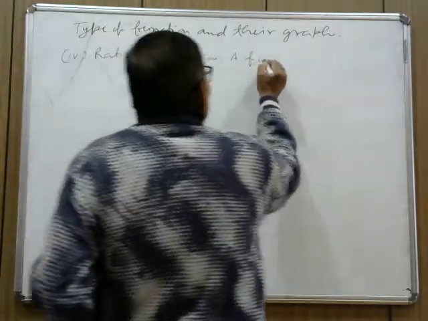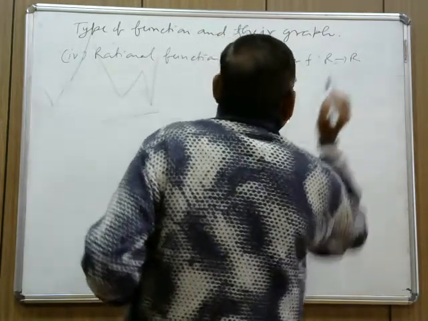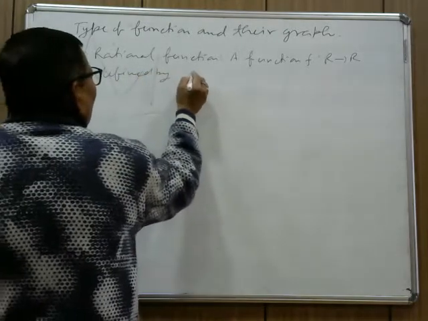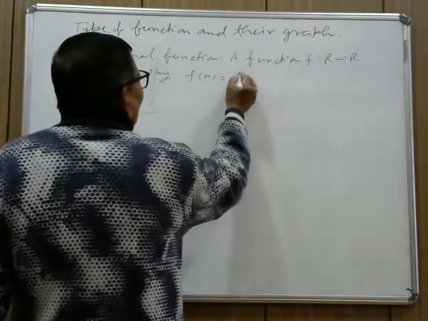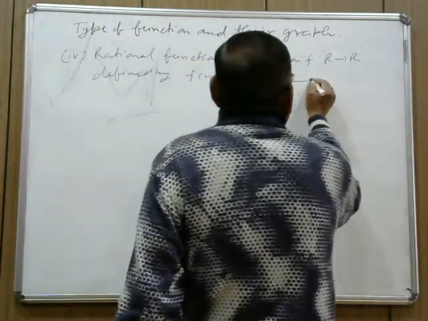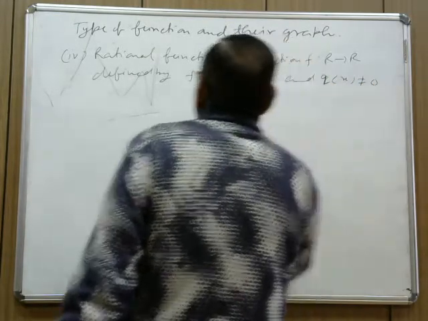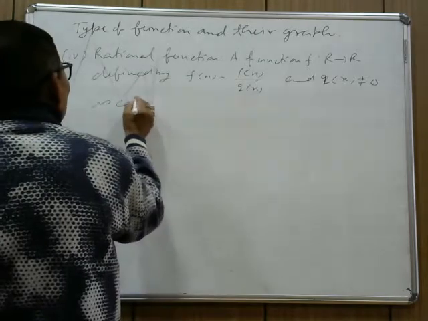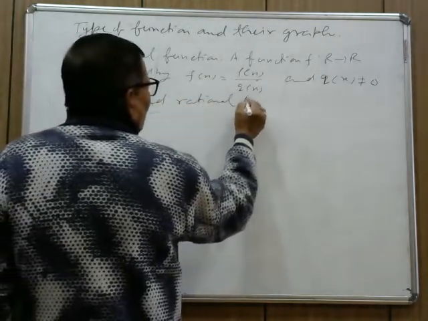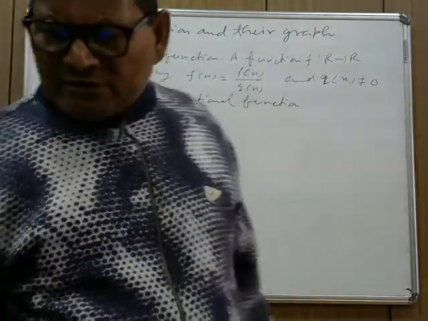A function f such that R to R defined by f(x) is equal to p(x) upon q(x), and q(x) is not equal to 0, is called a rational function.